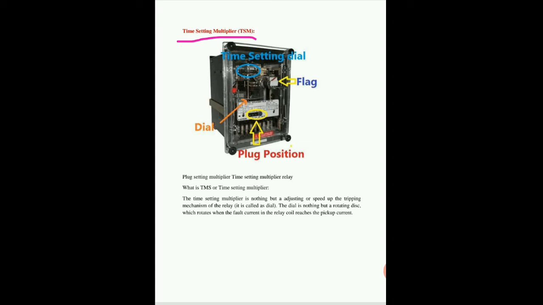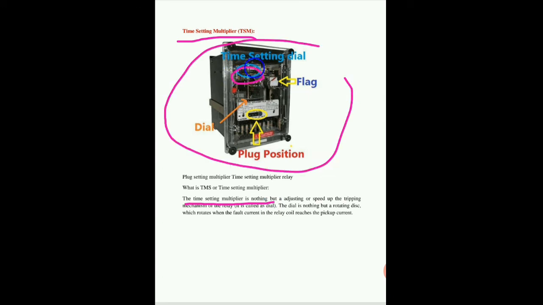Now we can understand the concept of time setting multiplier. Time setting multiplier is nothing but the adjusting of the speed of the tripping mechanism of relay. Actually we have to maintain the speed of relay.